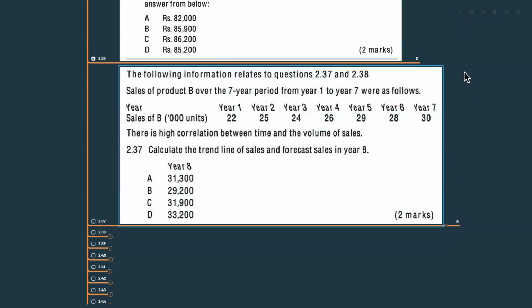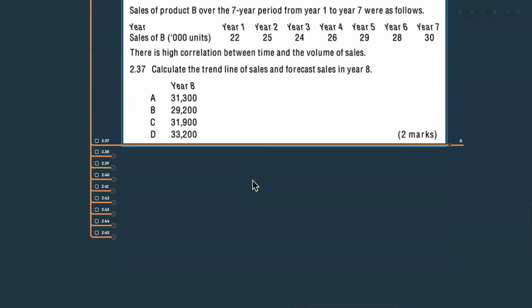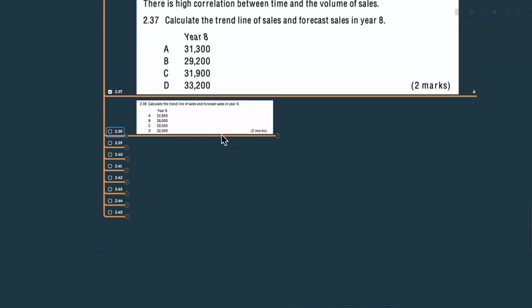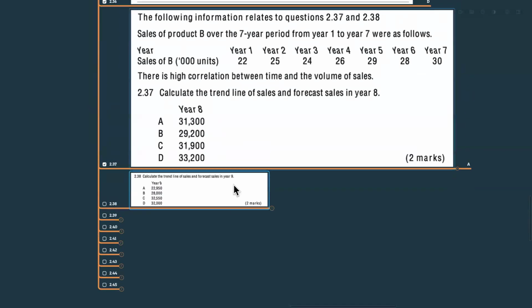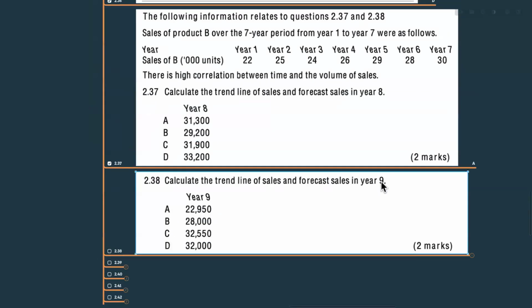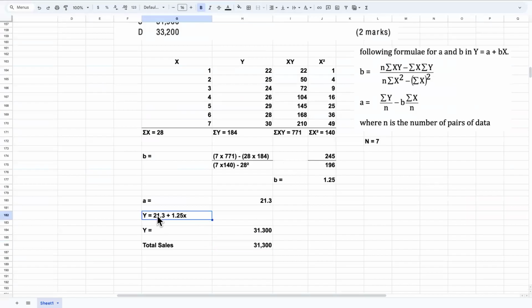So I hope you understand through this formula. So 2.37, it's there. And let's see 2.38 also regarding this question. Calculate the trend line of sales and forecast the sales in the year 9. So in the year 9 also the same line, right? But the year 9, how can we do that? 21.3 plus the same 1.25, we have to put 9, year 9.